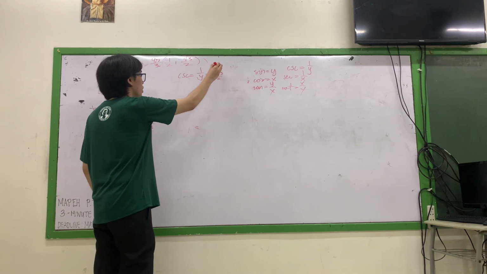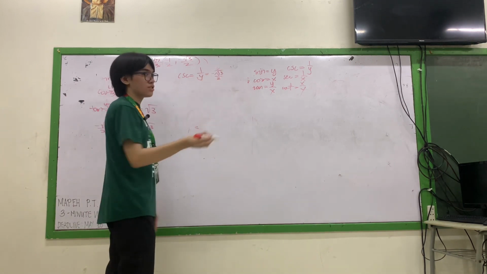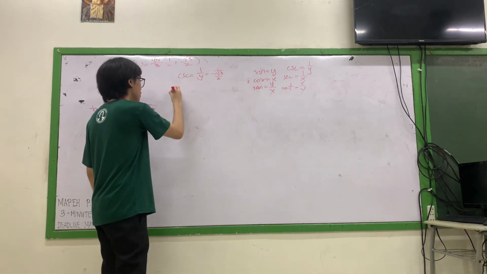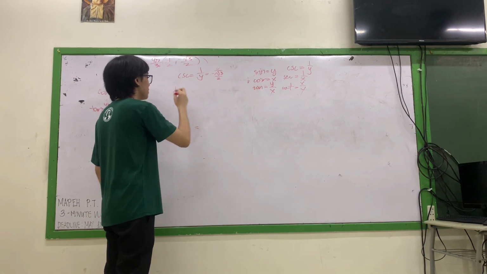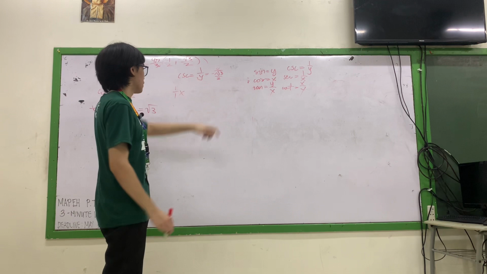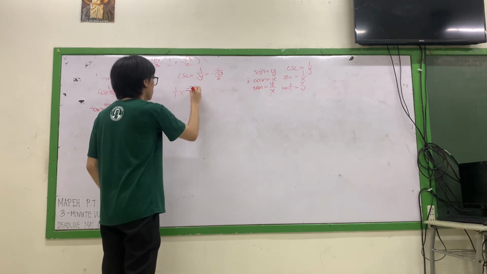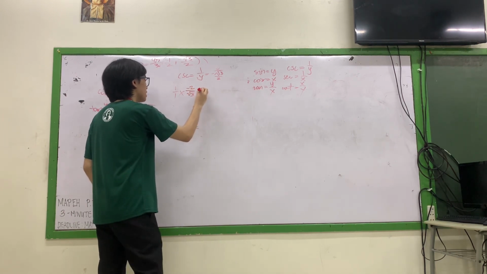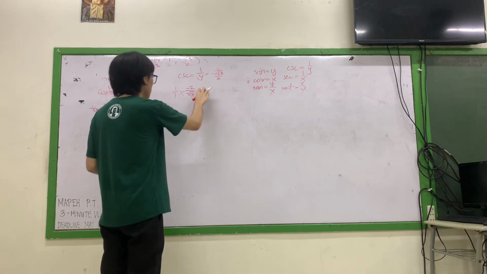Since our 1 here is a whole number, we can rewrite it as 1 over 1 to represent it as a fraction. And the reciprocal of negative square root of 3 over 2 is negative 2 over square root of 3, which, since it's multiplied by 1, is the same.